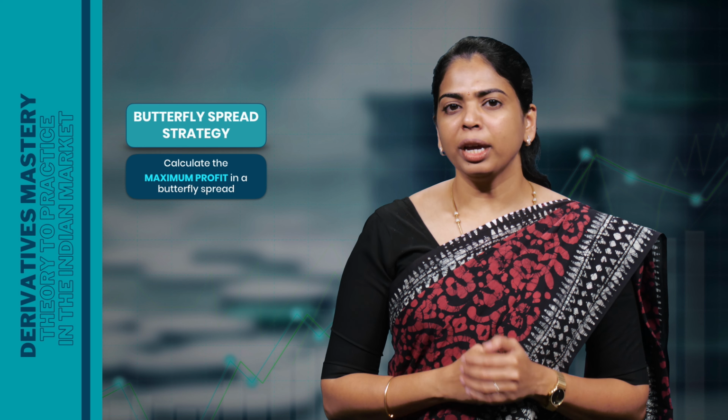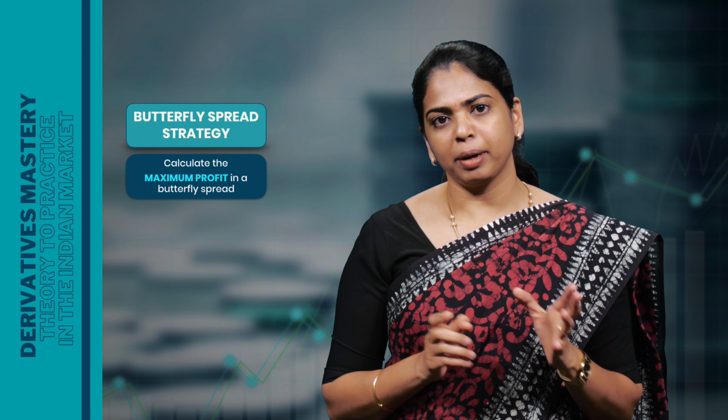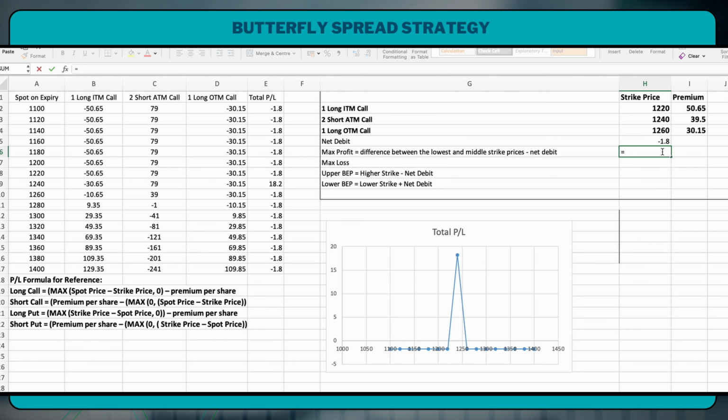Now, how do we calculate this maximum profit? We start by looking at the difference between the lowest strike price and the middle strike price. In our case, the lowest strike price is 1220 and the middle strike price is 1240. So 1240 minus 1220 gives us 20 rupees. This represents the maximum possible gain from the strategy. But remember, when setting up the butterfly spread, you had to pay a net debit upfront.